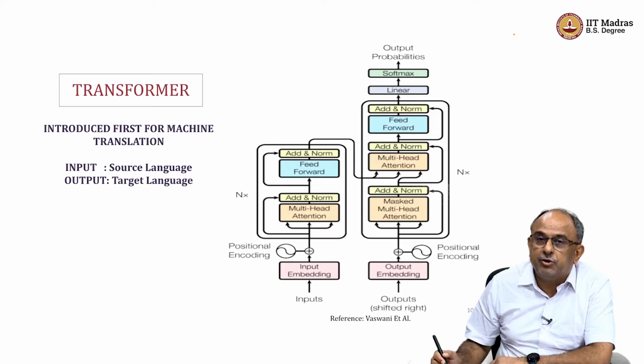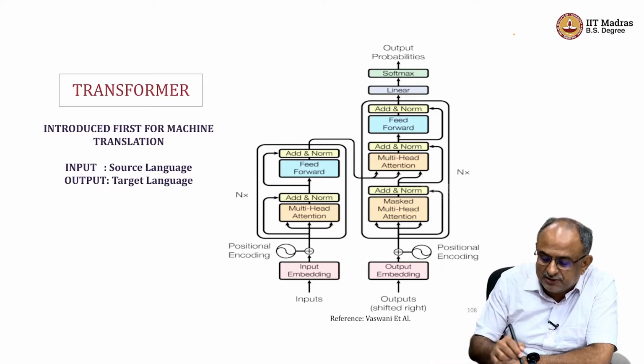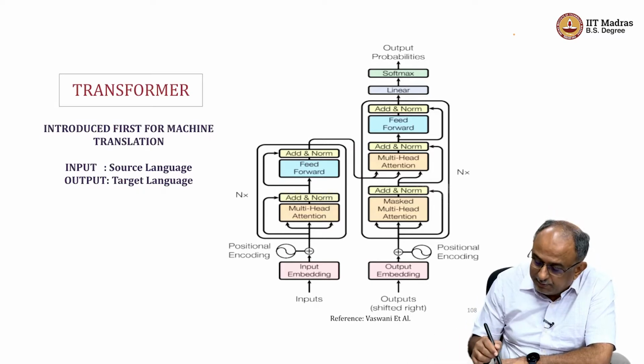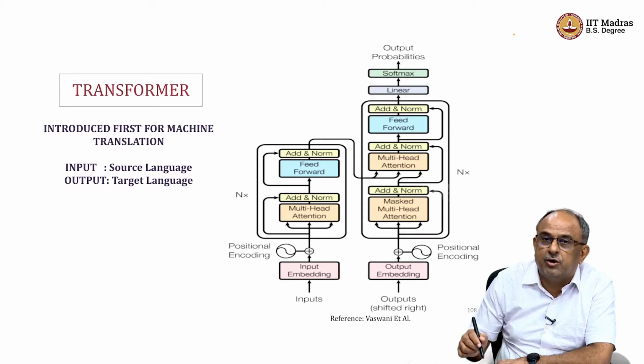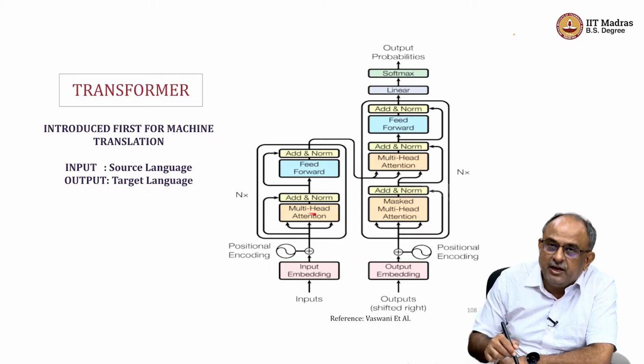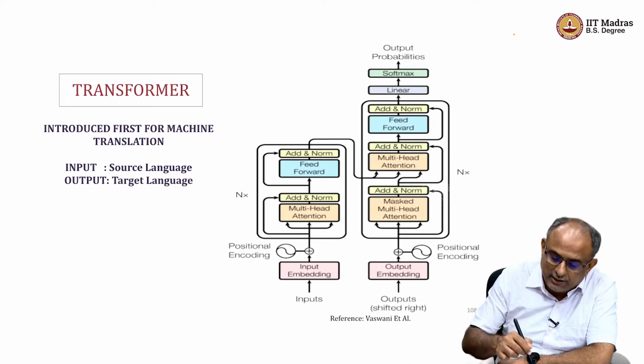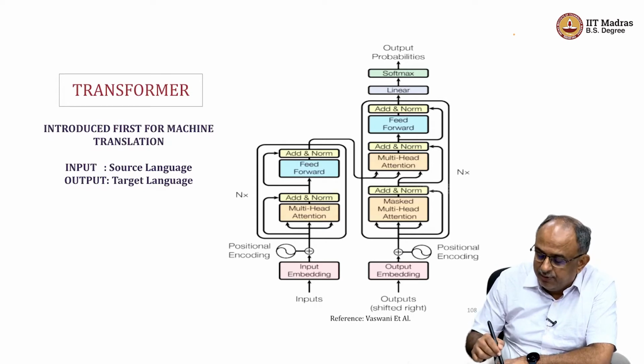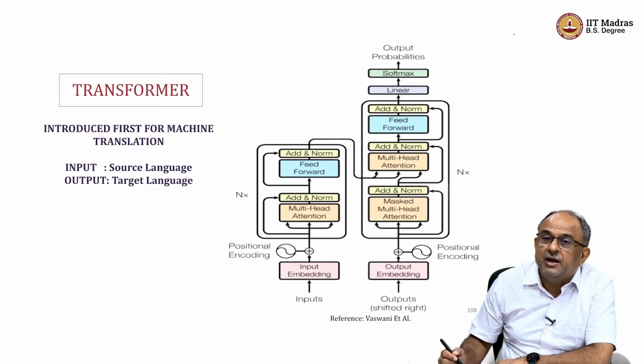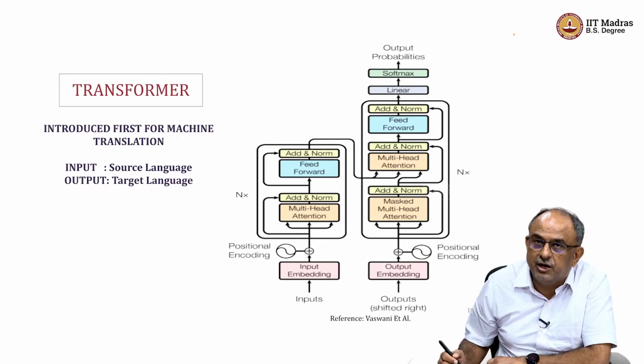There can be multiple such layers in the encoder and multiple such layers in the decoder. Until now, whatever you have observed, the encoder was a recurrent neural network encoder, and that also could be multiple layers. And similarly, there could be multiple layers of the decoder in the recurrent neural network.